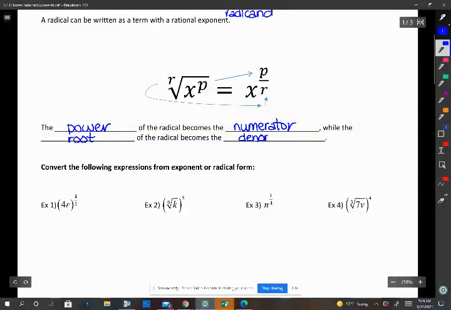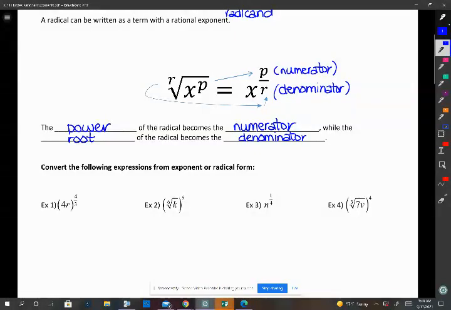So remember our parts of a fraction: numerator is the top, denominator is the bottom. If you need to remind yourself of that, write it on your notes.